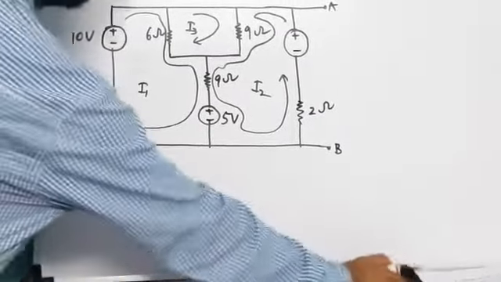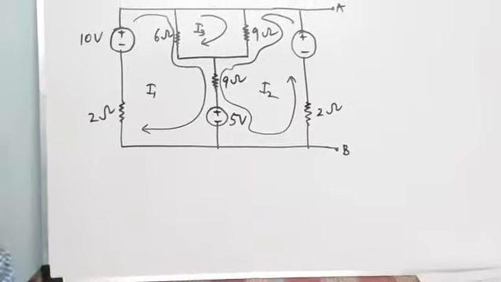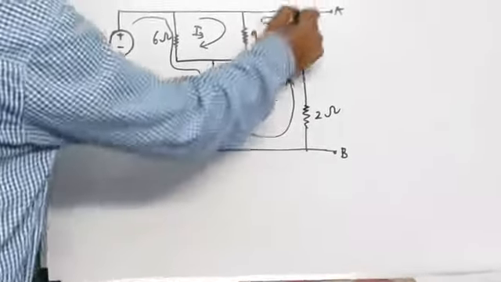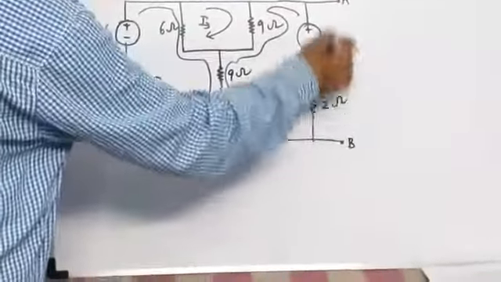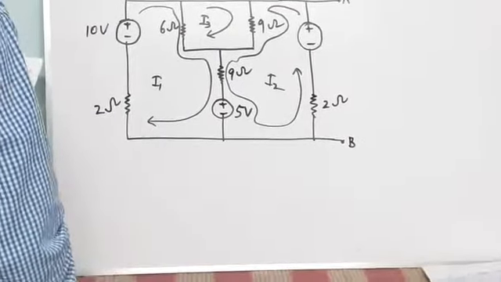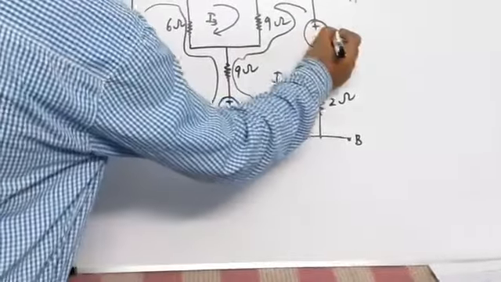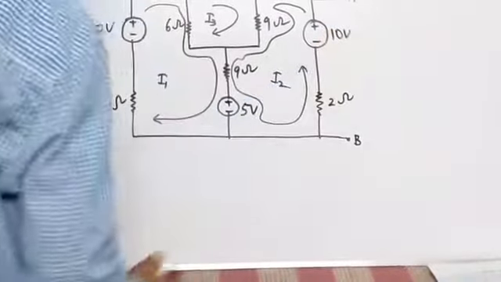So from these three loops we want to find the currents. Then you find out what is VTH or VOC. So here this is 10 volts.